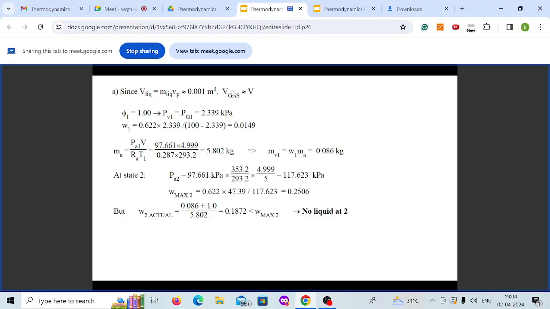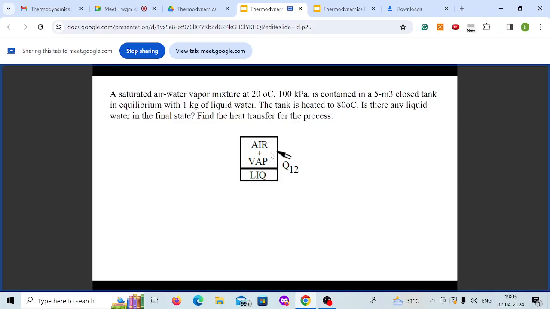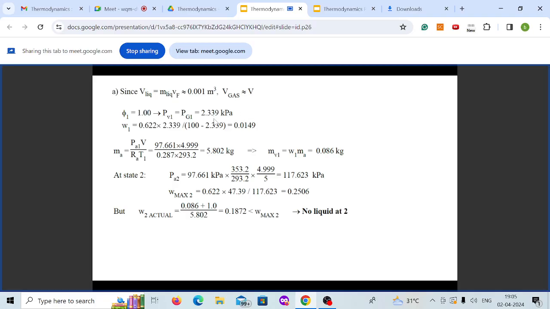So initially, this is at equilibrium, which says that this is a saturated condition. In the problem also it's given saturated air-water vapor at 20 degrees Celsius. So your water vapor pressure at state 1 will be equal to the saturation pressure corresponding to 20 degrees Celsius, which is 2.339 kilopascal, and your relative humidity is 1 or 100%.